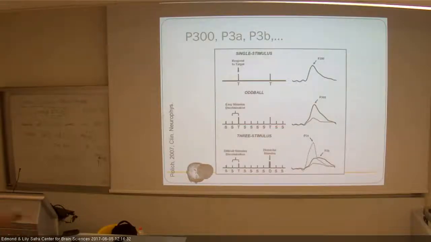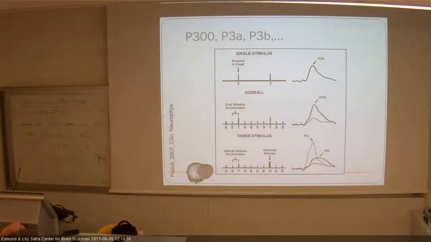Yeah. So here's what they look like. So this is a response to, forget about the single stimulus, it's something related to this specific study. But this is an oddball paradigm. And so if we just have standards and targets, this is the response to the standard.